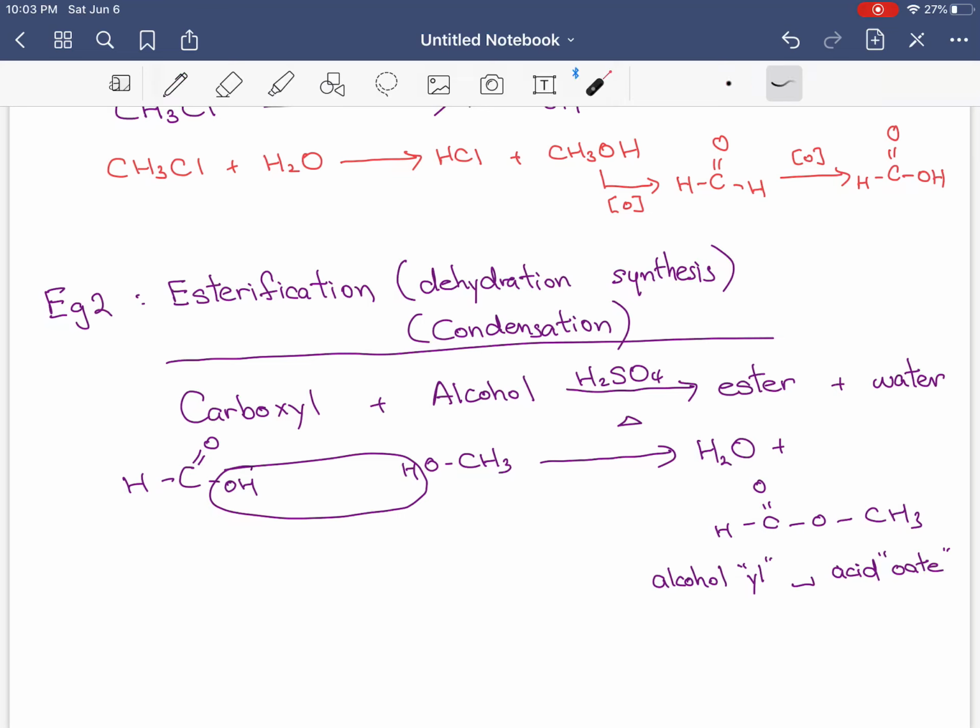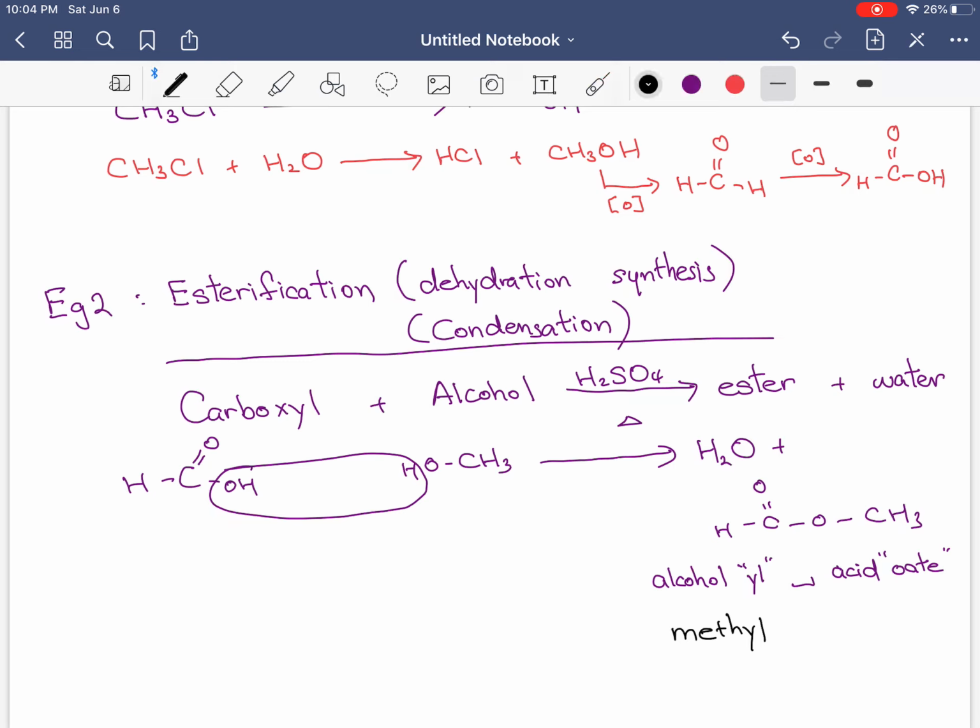So let's try it. The alcohol portion came from here. That's the alcohol portion, and it was a methanol. So what do we say? We will say this is called methyl, because it's methanol. Now be careful here. No dash. No continuation. I want a clear space, because this space is what defines what an ester is about.